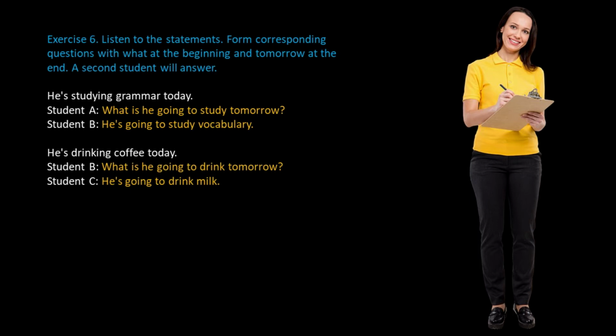Student B. He's going to study vocabulary. He's drinking coffee today. Student B. What is he going to drink tomorrow? Student C. He's going to drink milk. Now, please do the following exercise. You can pause your video until you finish the exercise.